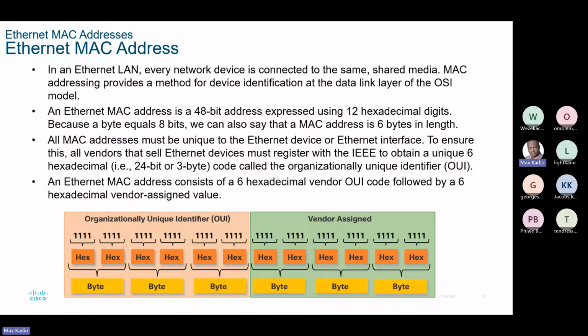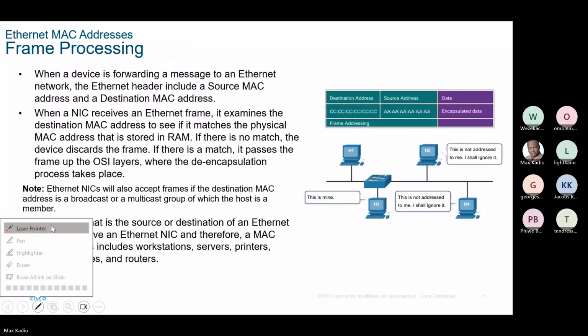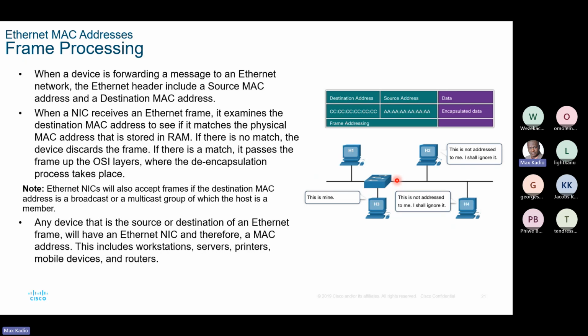Okay, we continue. Why we need MAC addresses? They will be used by the switch. Because if PC1 wants to communicate with PC2, PC1 will send its MAC address to the switch.